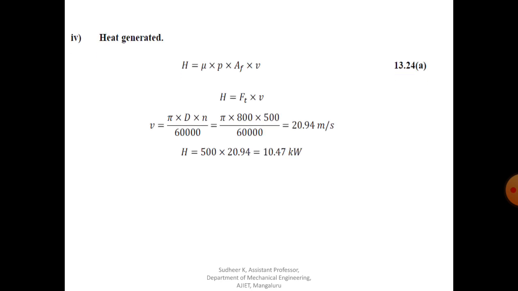Now coming to the fourth question, heat generated. For heat generated, in your data book you have one expression, 13.24. You need to find out the amount of heat generated.